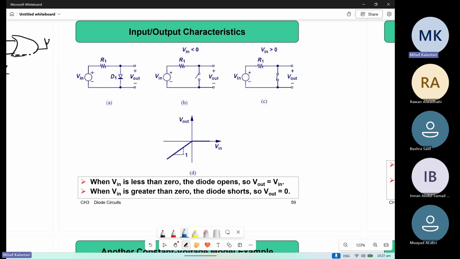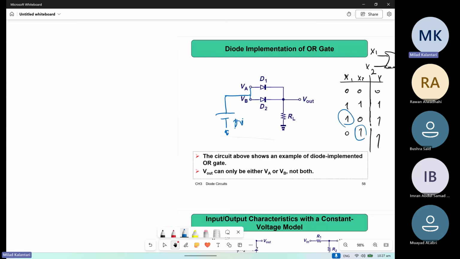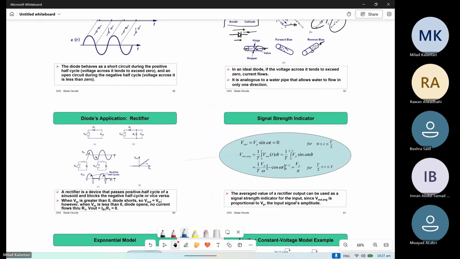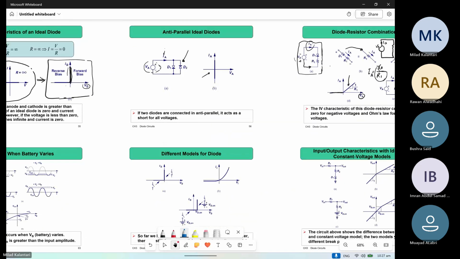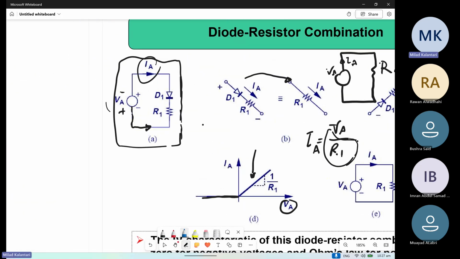For example, what is the difference between this circuit and the other one we were showing before? What is the difference between this and that?